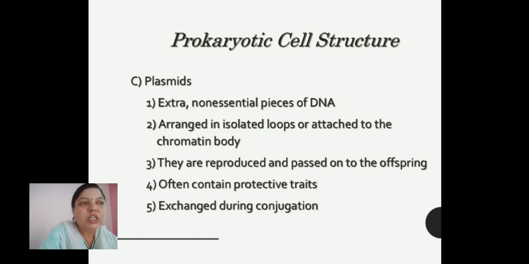If one cell is provided with a plasmid giving antibiotic resistance, that cell can form many copies of that plasmid, and the bacterium can send these extra copies to another bacterial cell where these plasmids are lacking. So protective traits can be availed by using this plasmid-like structure. The most common example is the antibiotic resistance present in the prokaryotic cell. It is because of the plasmids.